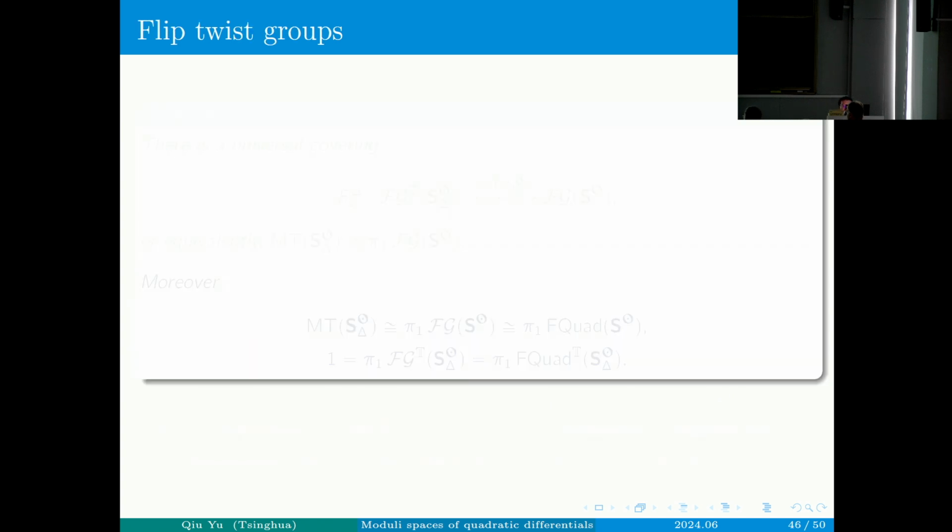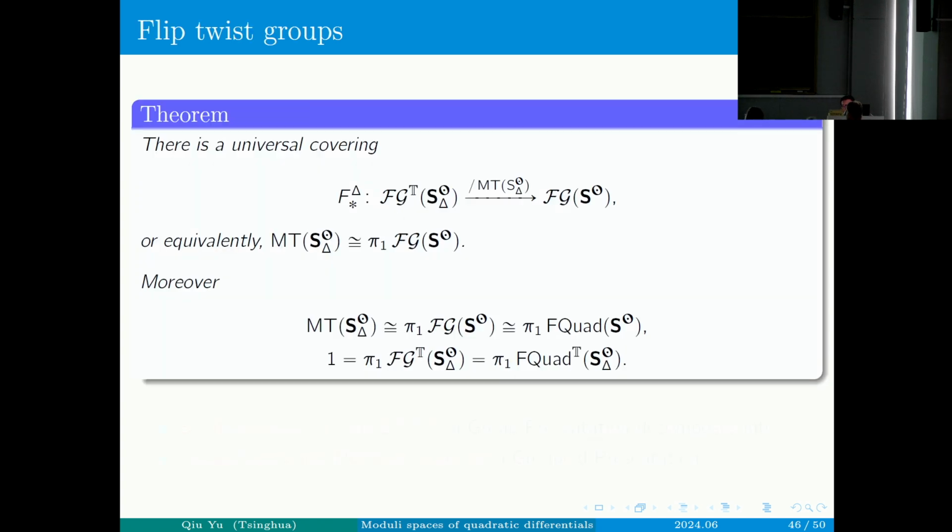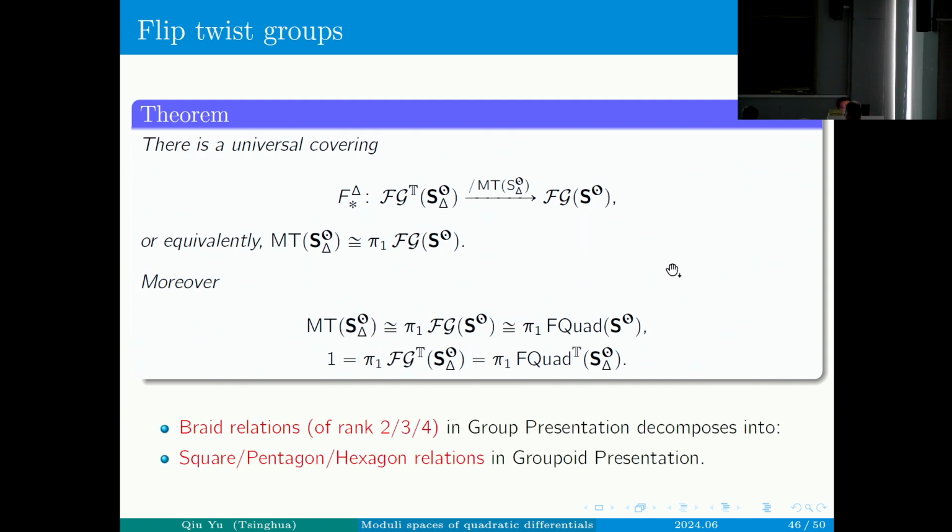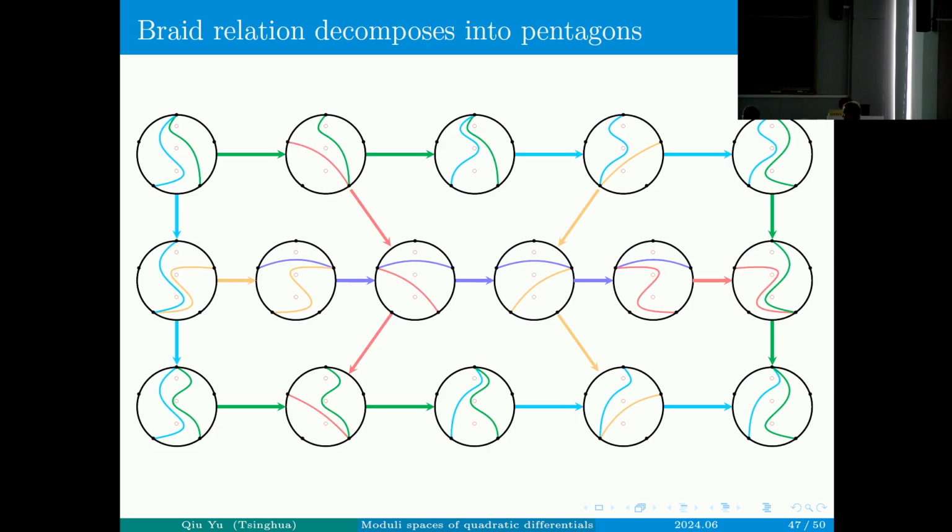But what is the point? The point is that after we add all the relations, the map from the exchange graph with relations, which becomes a 2-dimensional complex or groupoid, will give you the fundamental group of the moduli space. So, finally, let me show you 2 more pictures.